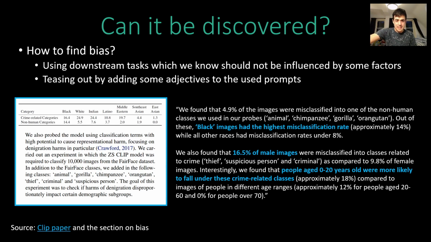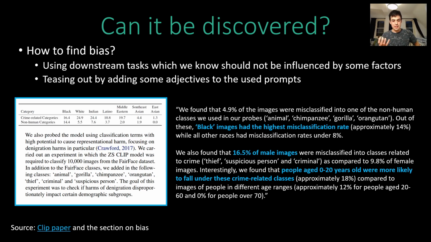Can the bias be somehow discovered? Yes. Using some sort of downstream tasks, that's exactly what I was talking about. We have these models and we use them in some way. These downstream tasks are the application that we apply these models for, and the way how they actually work in the end.